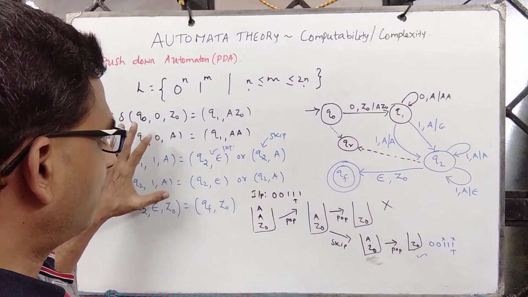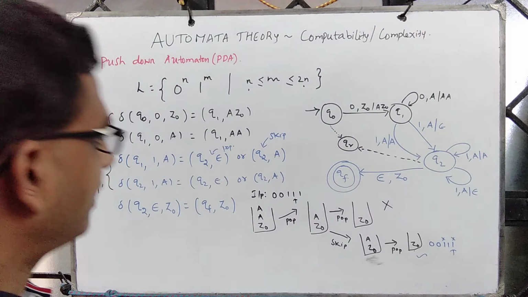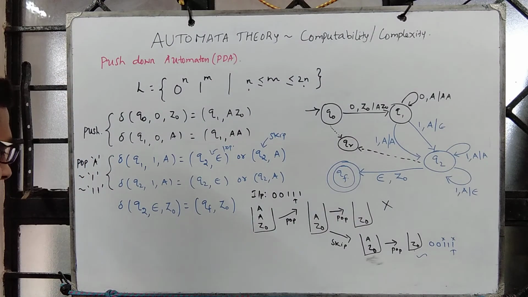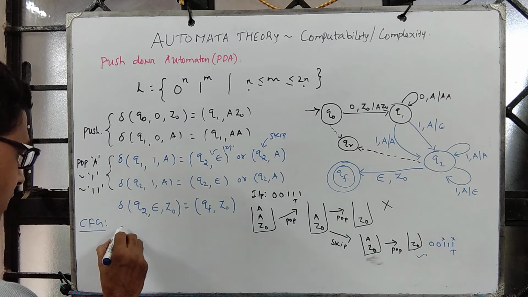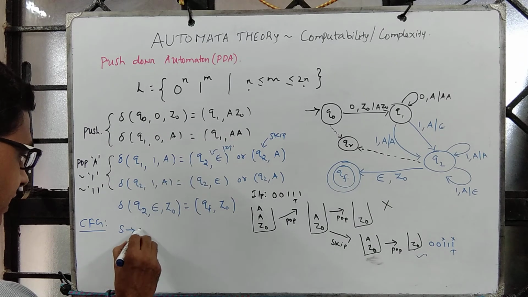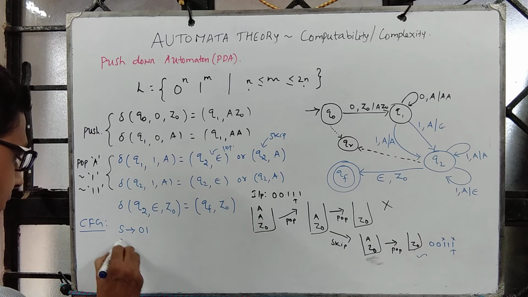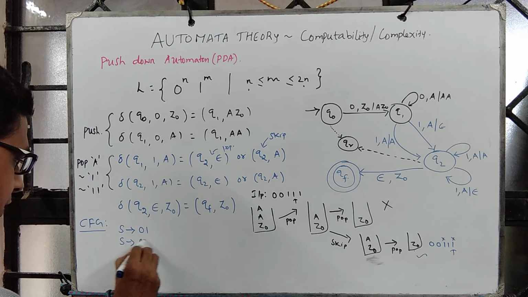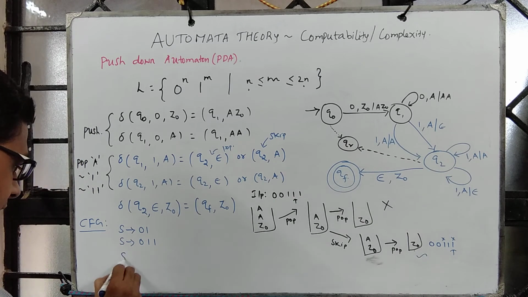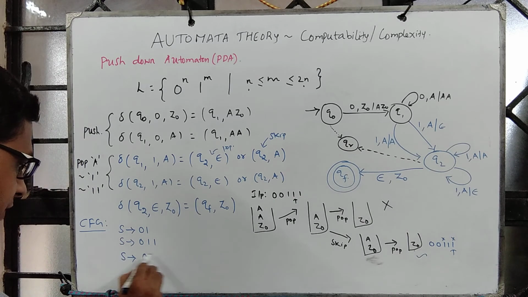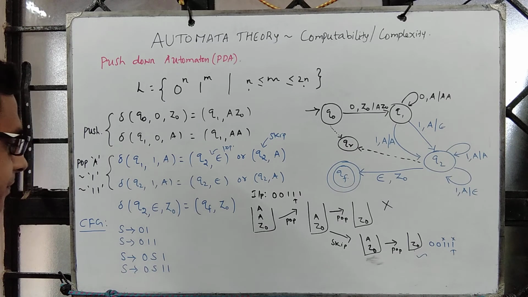Now, as always, one can look at the context-free grammar. So the simplest patterns are 0 1 or 0 1 1. Then recursion with the help of these two, 0 S 1 or 0 S 1 1.